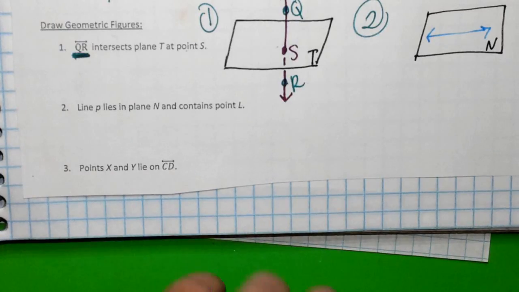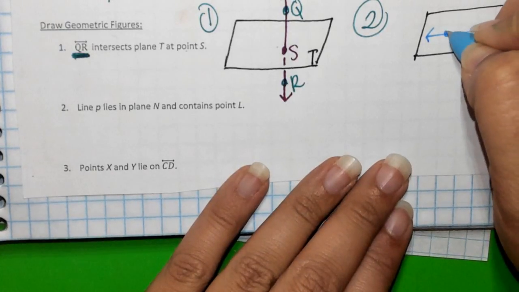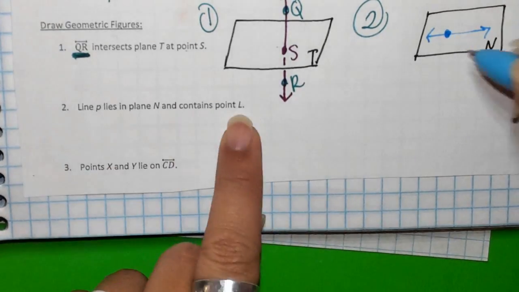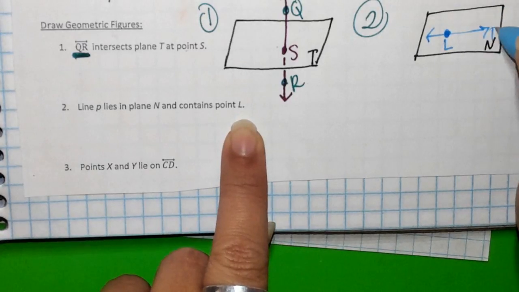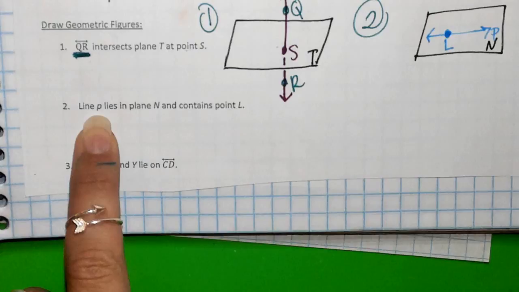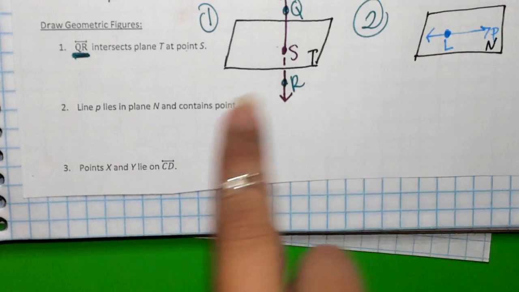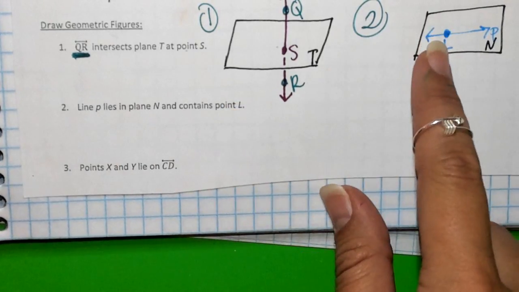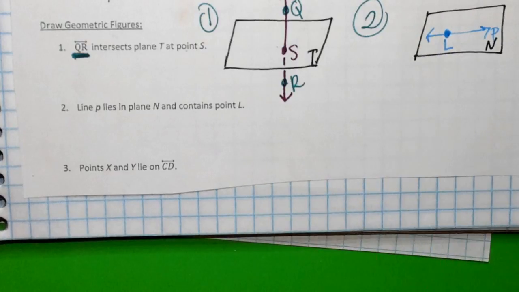And what point does it have on it? L, because that's the capital, and the P goes out at the end. So if it's a lowercase cursive, that goes on the outside. This capital letter goes right here. Can you draw number 3 without me?